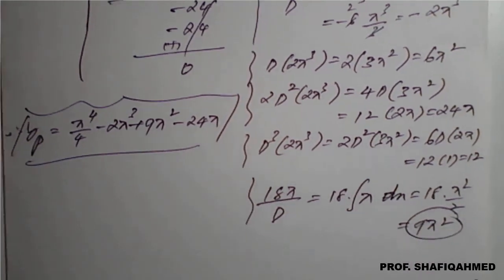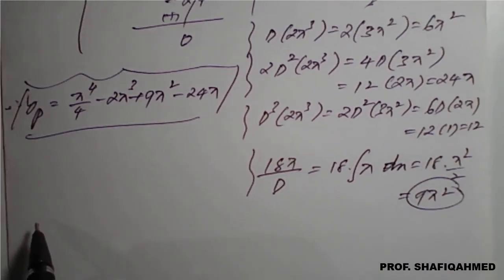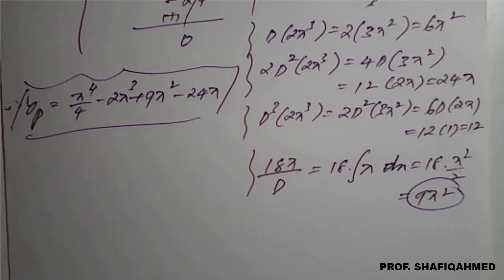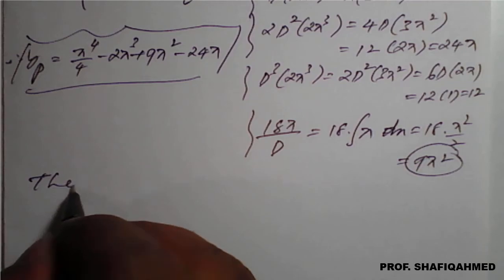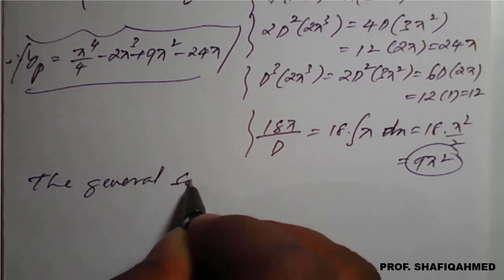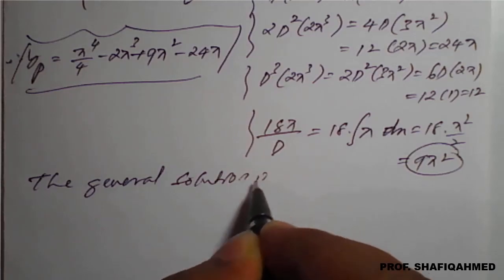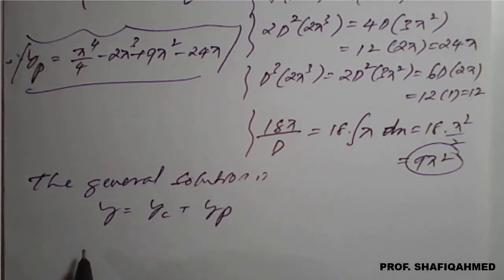So therefore the general solution is y is equal to yc plus yp.